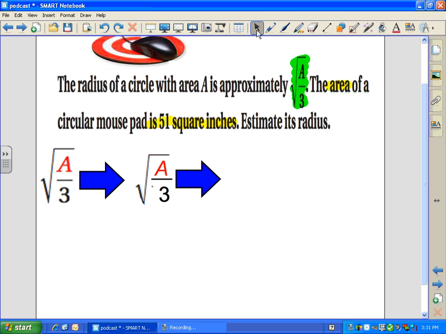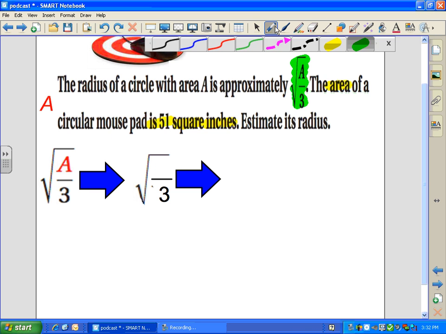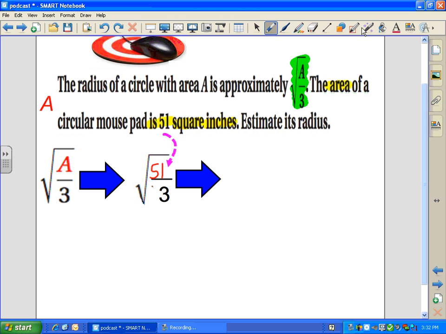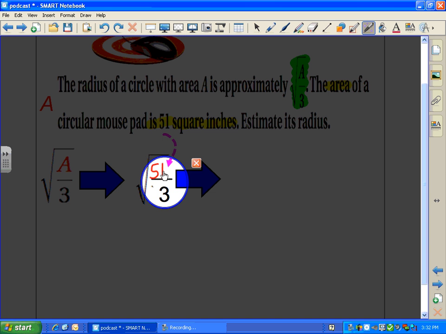Now, I'm going to, excellent job, if you said plug and chug or substitute, plus 10 for your group. If the area A equals 51, I'm going to plug and chug 51 in for A. You should be able to look at this and say this means 51 divided by 3.